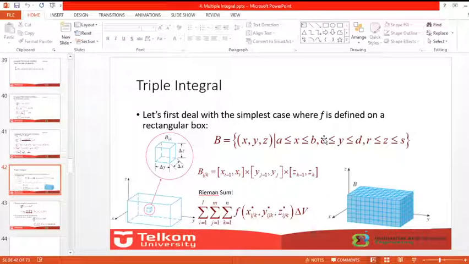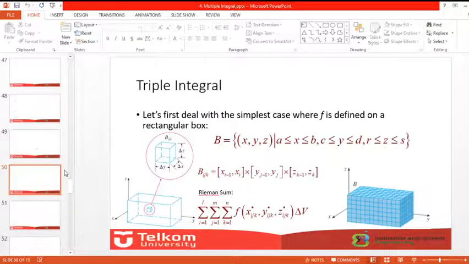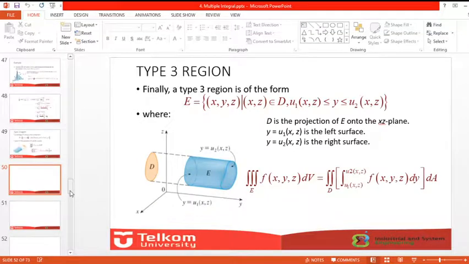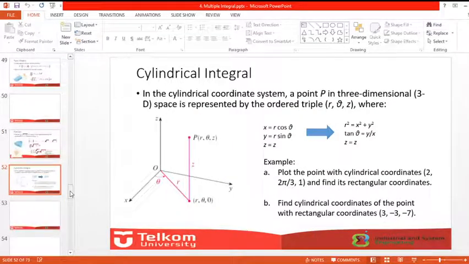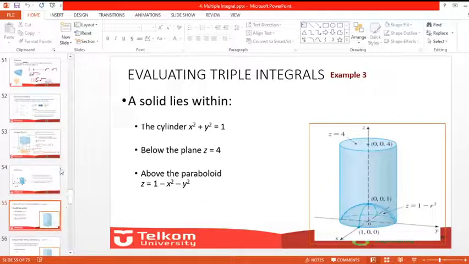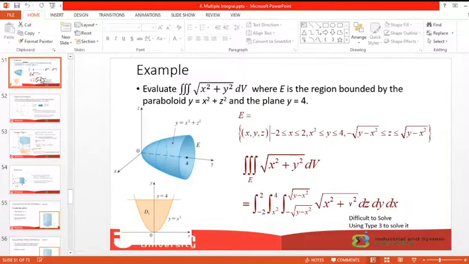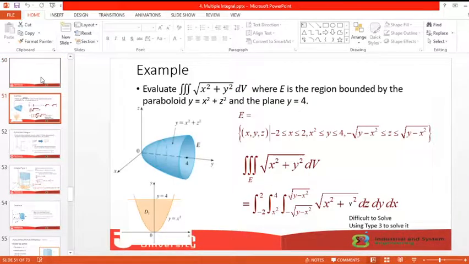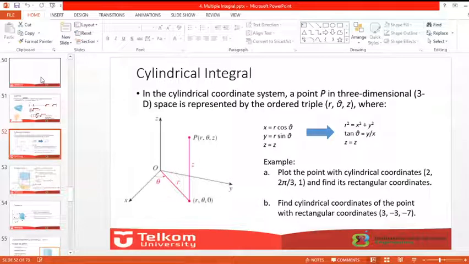Next, how do we implement this in the triple integral? In the triple integral, polar coordinates are useful for finding the triple integral in the cylindrical part. In the cylindrical system, x transforms to r cos theta, y transforms to r sin theta, and z stays the same, z equals z.